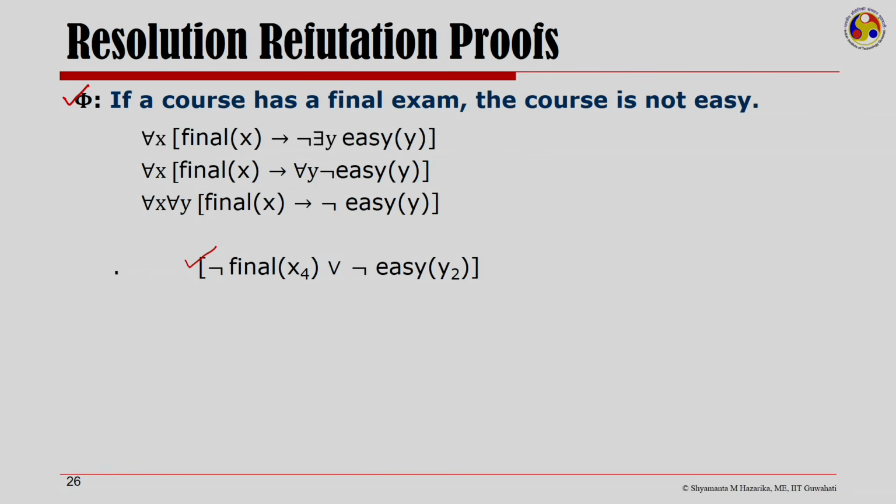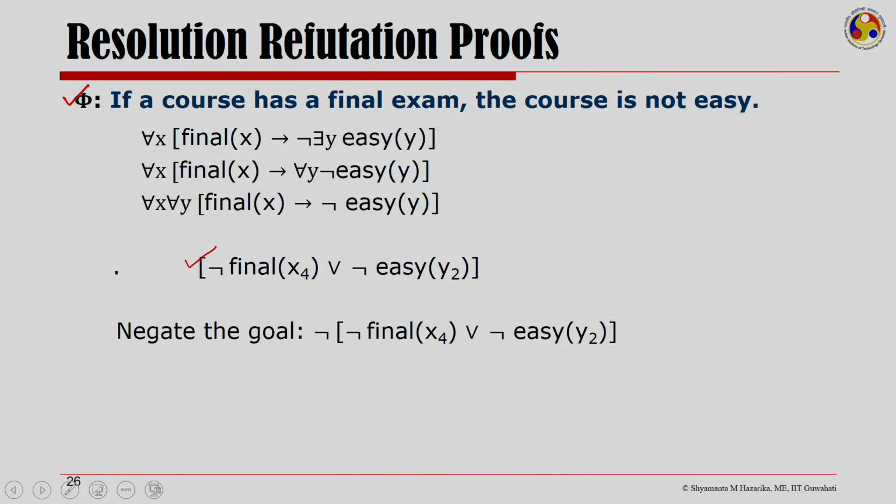Now, in order to take this proof forward, I must negate the goal. So, here is the negation of that statement, and this is like not of p or q, which should be like p and q. So, I end up having final(x4) and easy(y2).